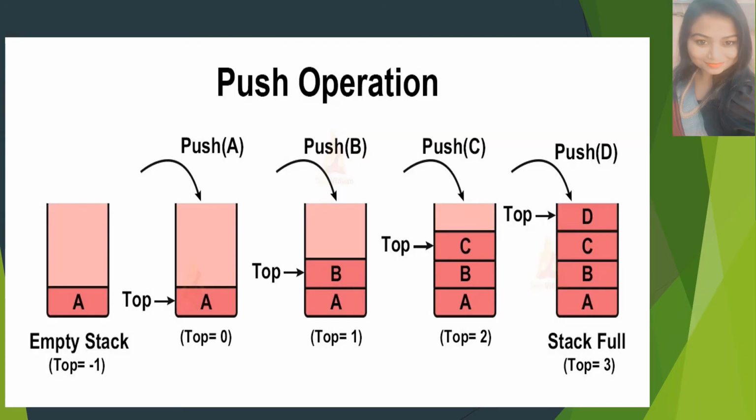So here is an example, the diagrammatic representation of the push operation. First, we start with an empty stack. Here the top pointer is initially -1, so this is an empty stack. Then we insert the new element A into the stack.